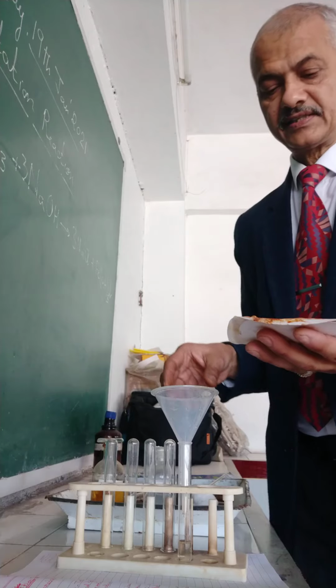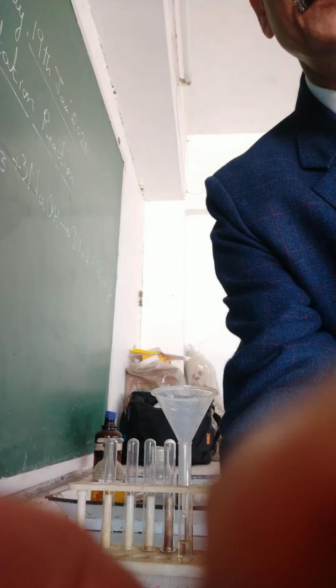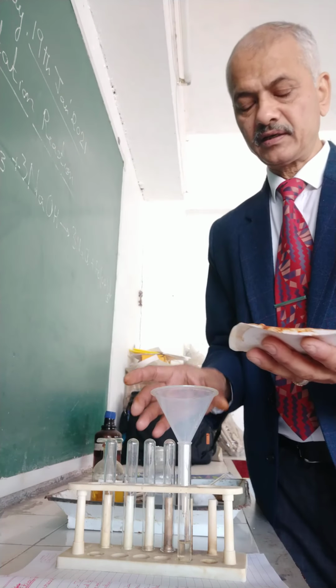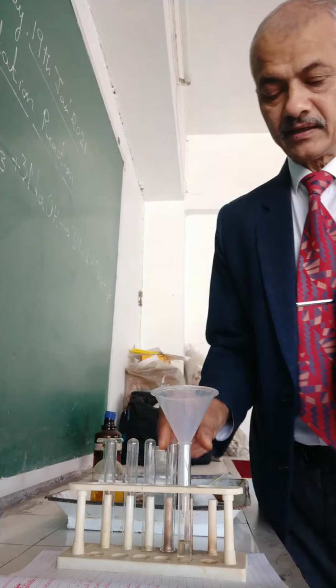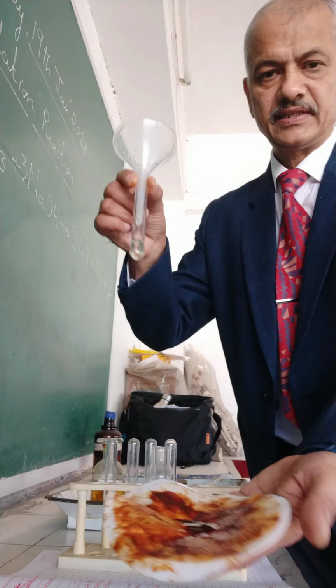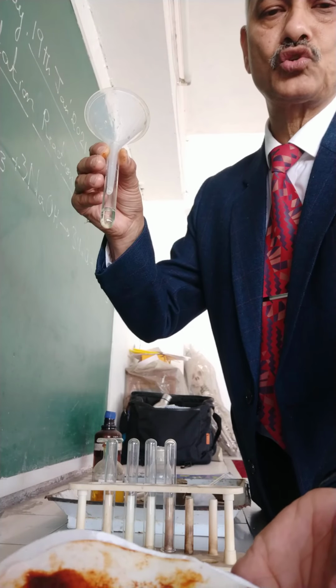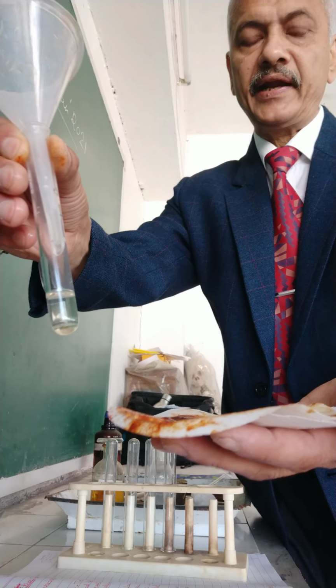So children, this is the precipitate. This is the precipitate I have collected, and this is called residue. This is of brown color. See, it is an insoluble substance, and this is the clear filtrate obtained.